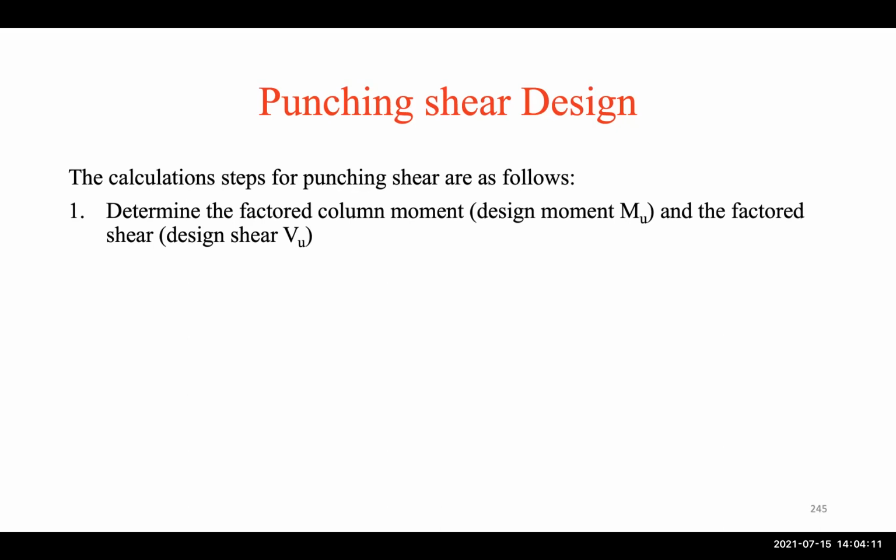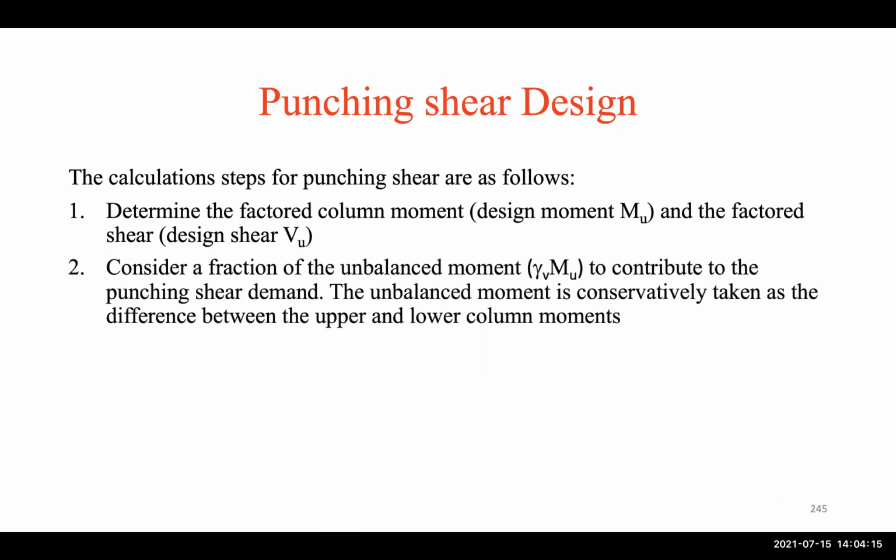If you have a structural model using any software, then for the design moment we consider a fraction for the imbalance moment, which is gamma V times Mu. As you know from reinforced concrete, we also have gamma F times Mu, which is used for flexural design.